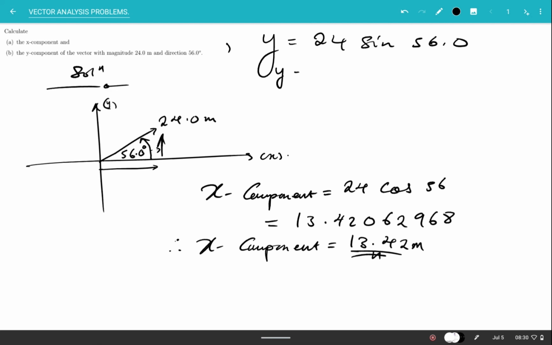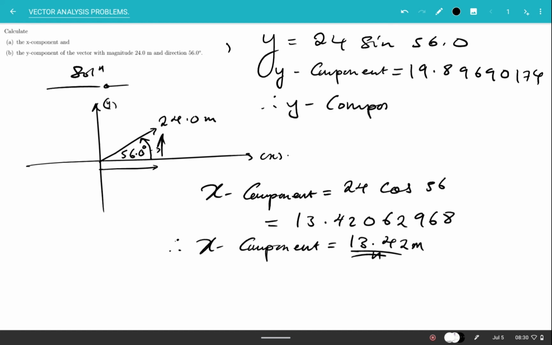So the y component will then be 24 times sine 56.0, which will simply be 19.89690174. Therefore the y component, if I round off to 2 decimal places, will be 19.90 meters. So basically these are the components we needed to find.